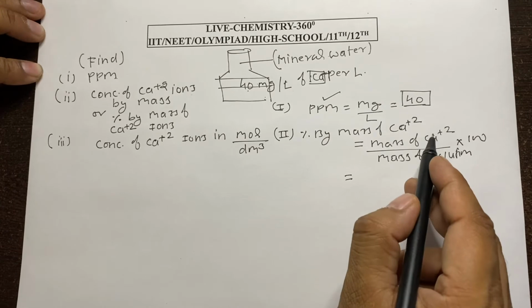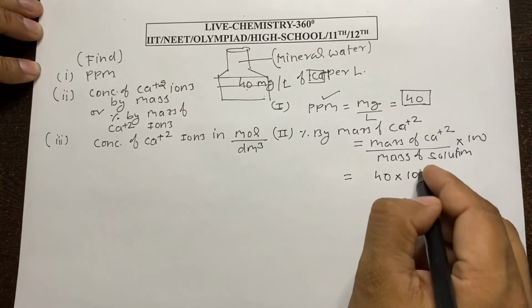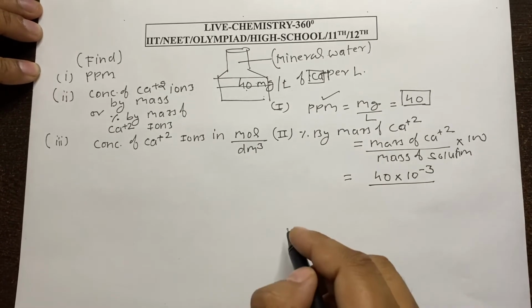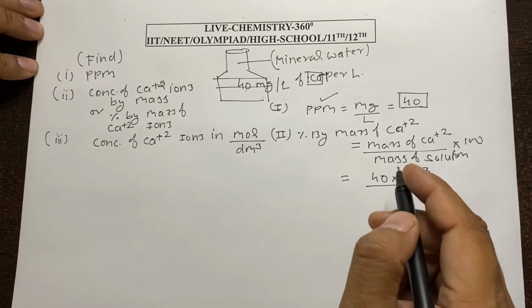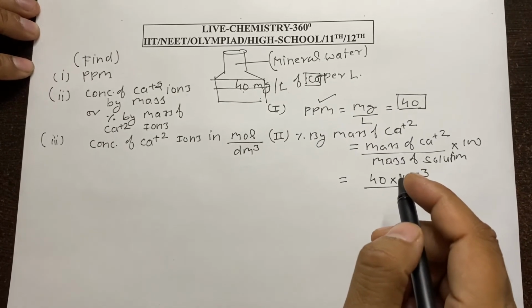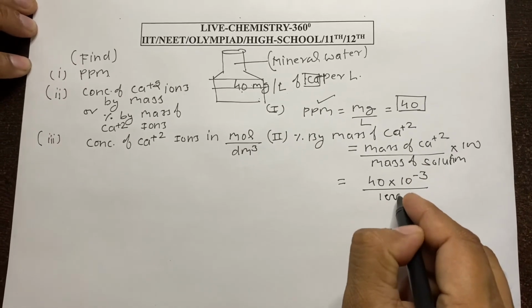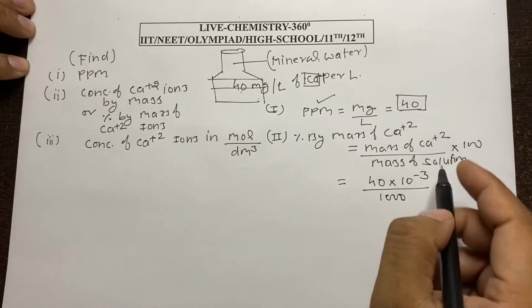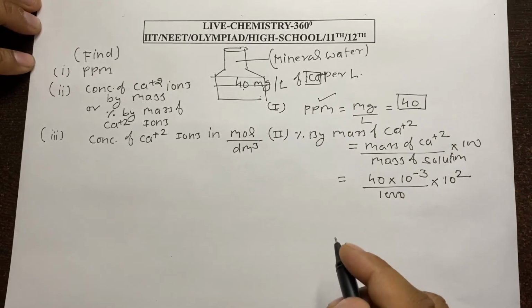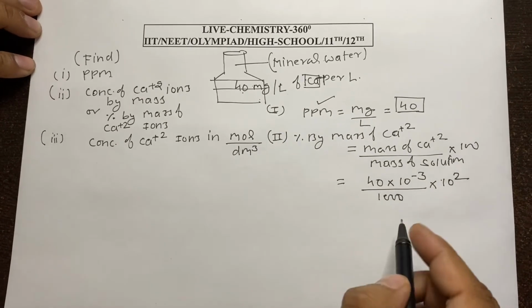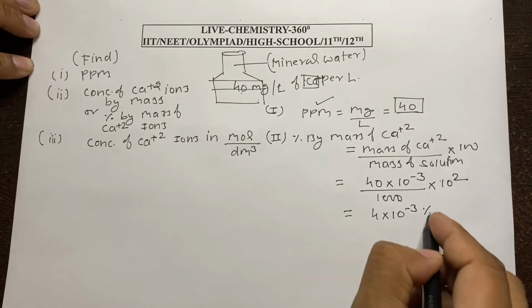So the mass of Ca+2 is 40 milligram, which can be written as 40 into 10 to the power minus 3 gram, divided by the mass of solution, which will be 1000 into 1, because the density of water is 1 gram per ml. So the weight of solution will be 1000, and this will be multiplied by 10 to the power 2. On solving this, you will get 4 into 10 to the power minus 3 percent.